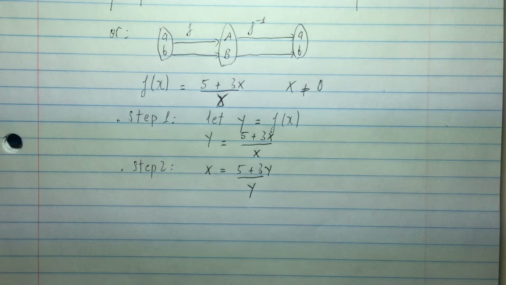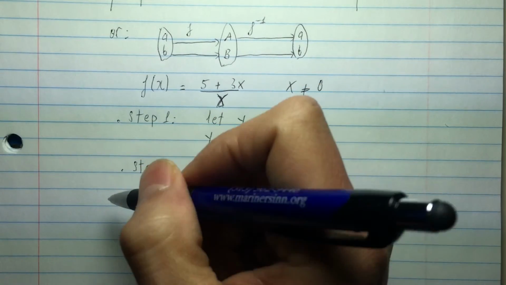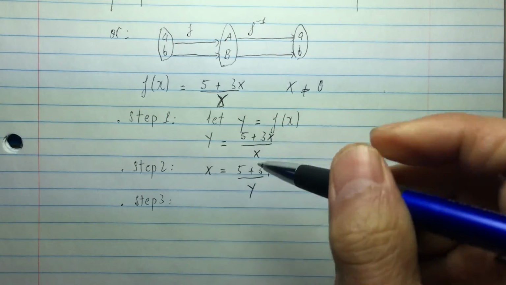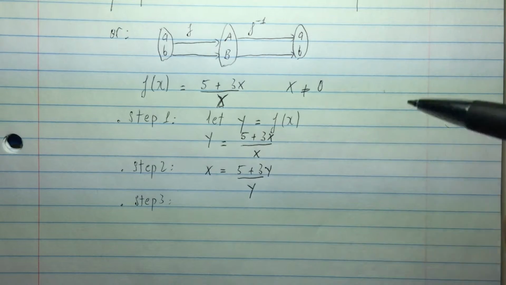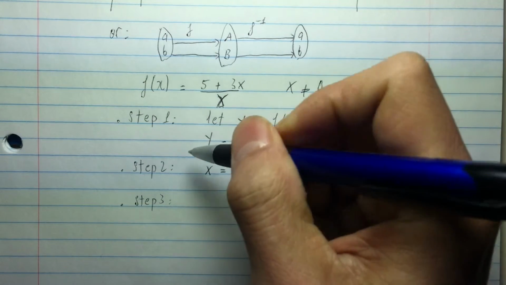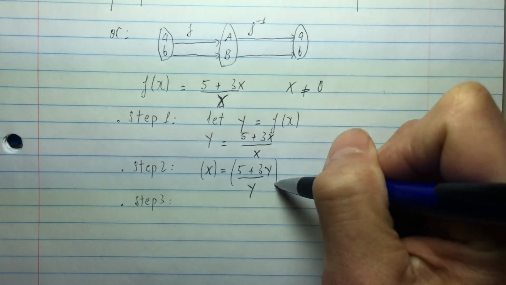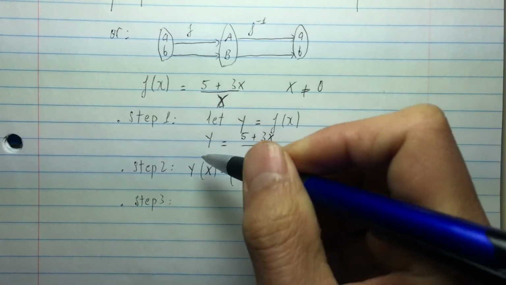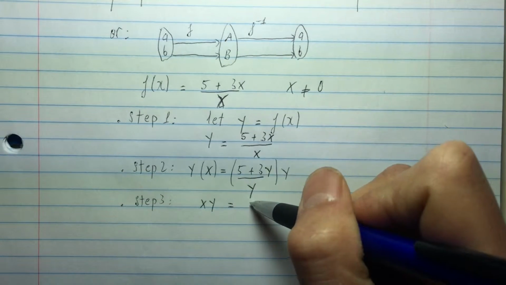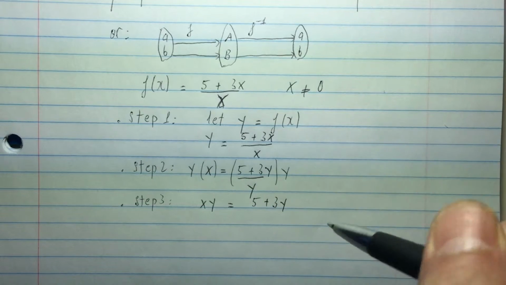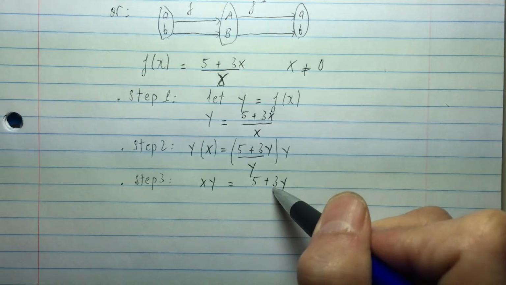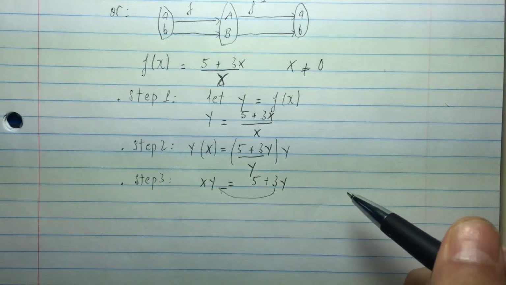Step 3. You need to solve for y. So I multiply both sides by y to eliminate the denominator y. So we have x times y equals, y cancels out, so we have 5 plus 3y. Because we solve for y, I need to move 3y over and change sign.